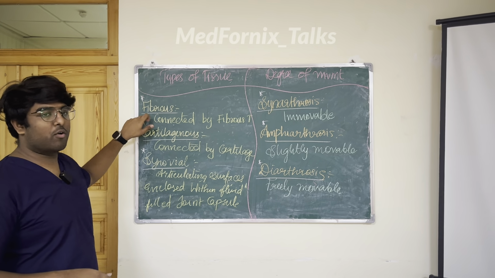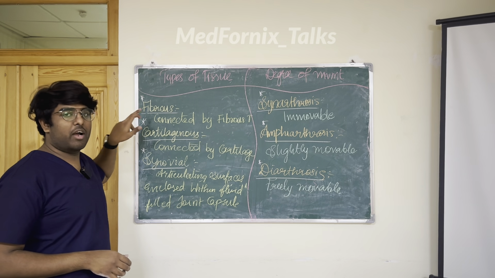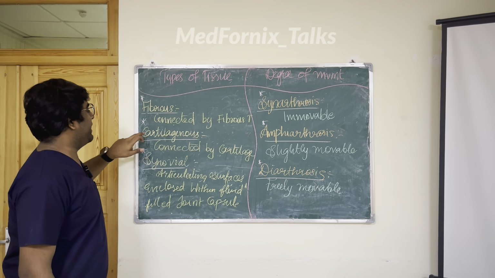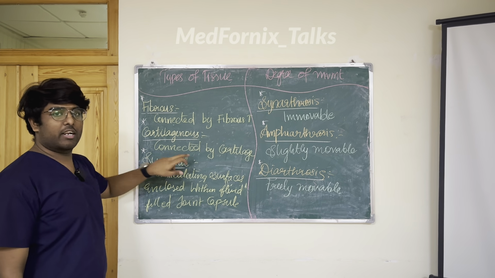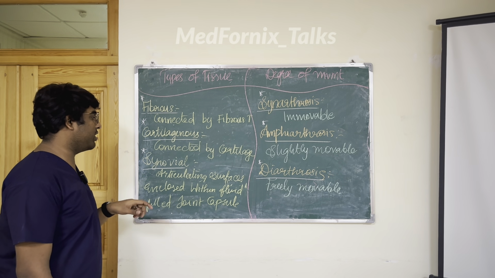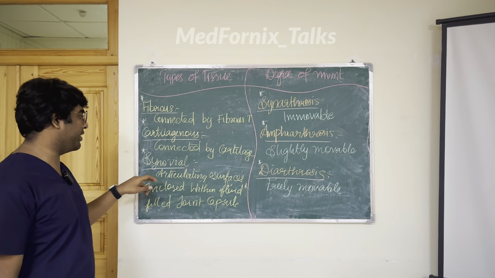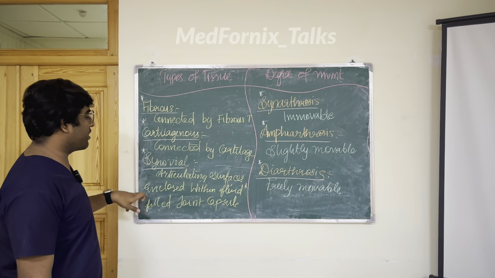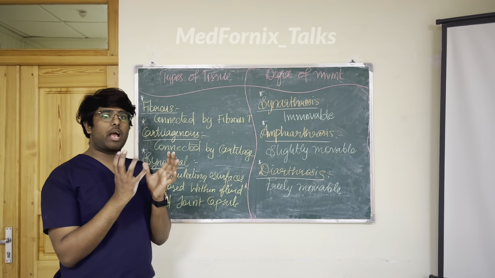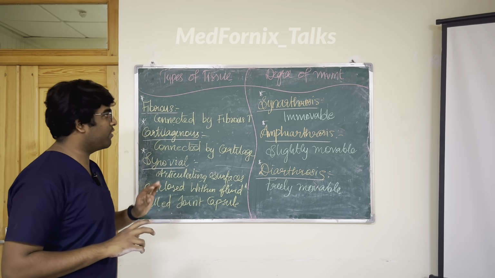Cartilaginous joints are connected by cartilage. Synovial joints have synovial fluid: the articulating surfaces are enclosed within a fluid-filled joint capsule, so inside the joint capsule there is synovial fluid.